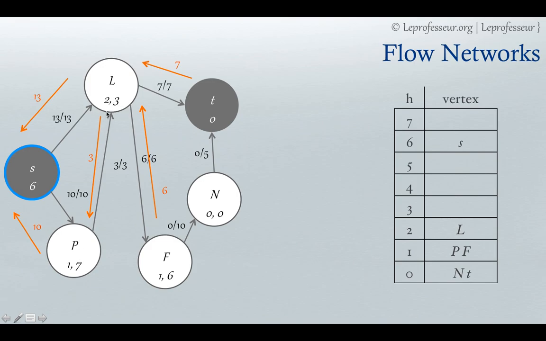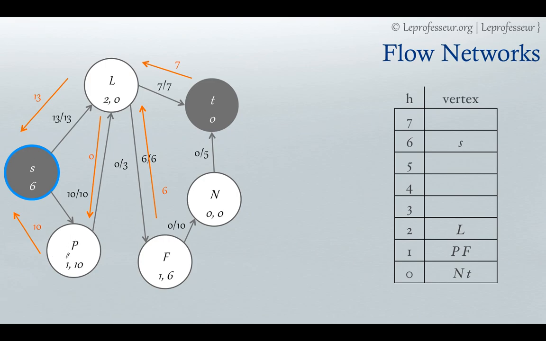We again disturbed the flow conservation between L and P. So now P cannot transfer the fluid to L, so we need to adjust the height between P and L. Okay, but before that, L now has the higher height. It will just push backwards the excess flow, which is 3, to P. Okay, now it pushed back the flow, and you see the P, it has the original excess flow.